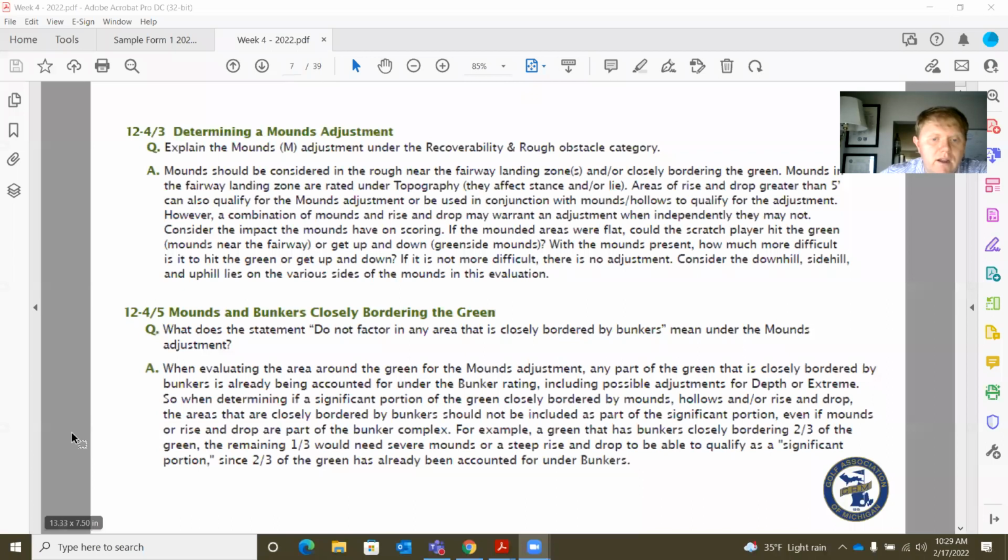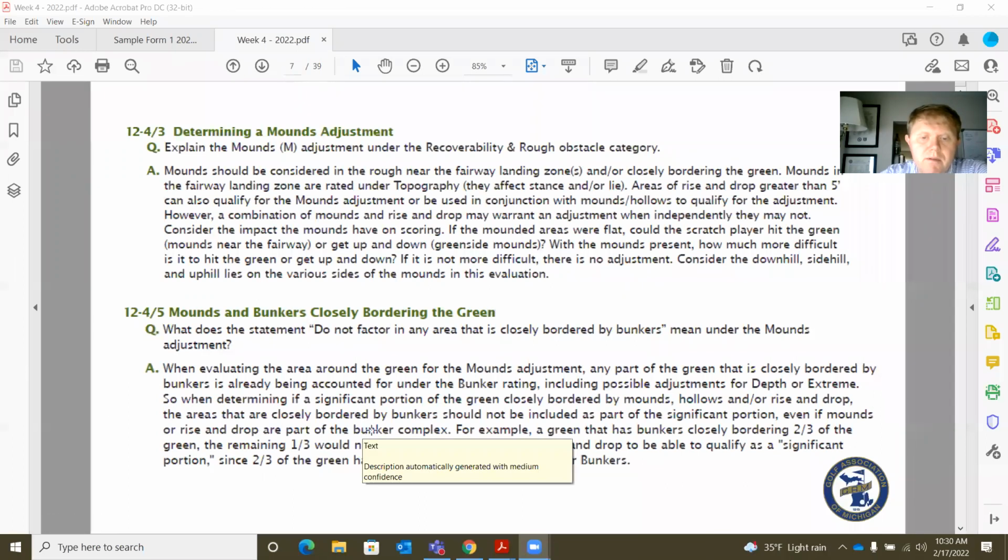So when evaluating the area around the green for Mounds adjustment, any part of the green that is closely bordered by bunkers is already being accounted for under the bunker rating, including possible adjustments for depth or extreme, which we'll get to here in a minute. So when determining if a significant portion of the green is closely bordered by mounds, hollows, etc., the bunkers should not be included as part of the significant portion because they're already going to be counted under bunkers.